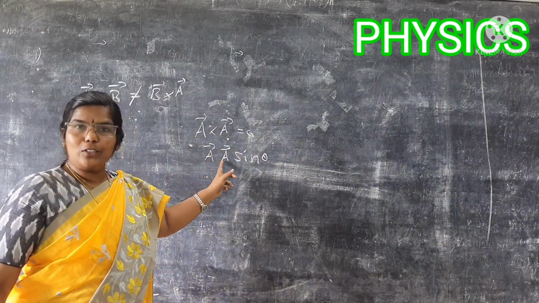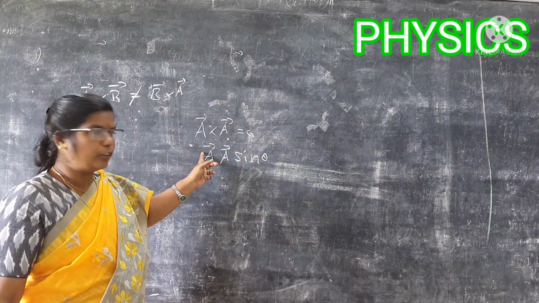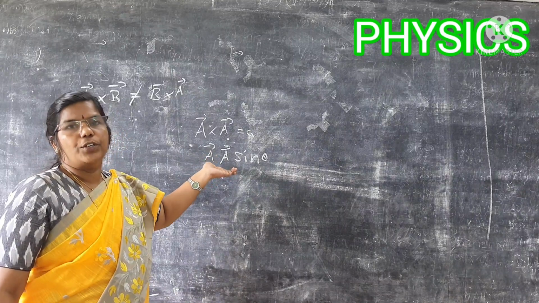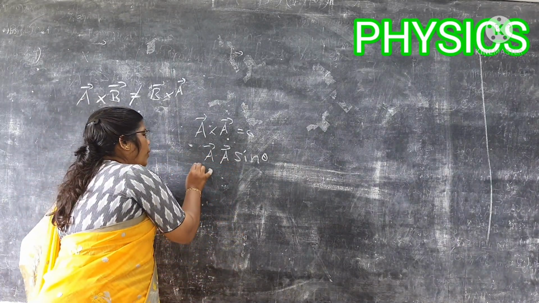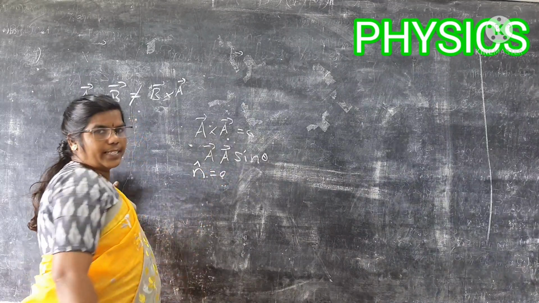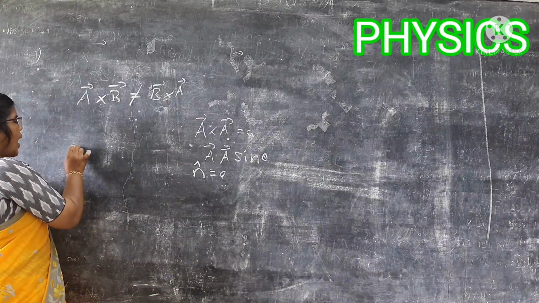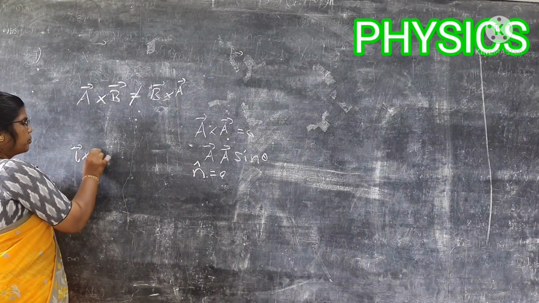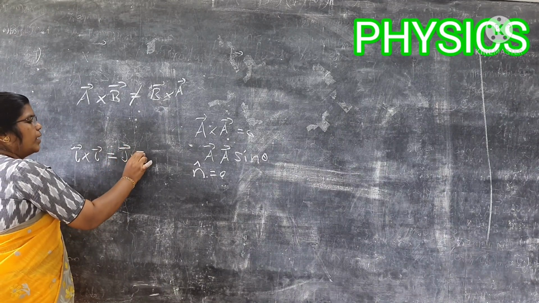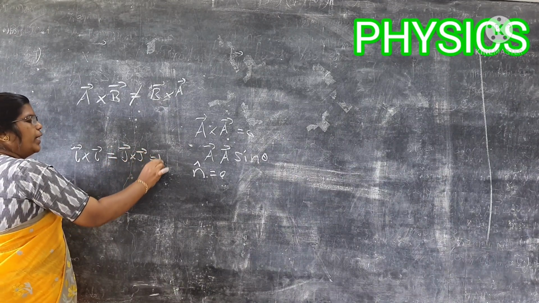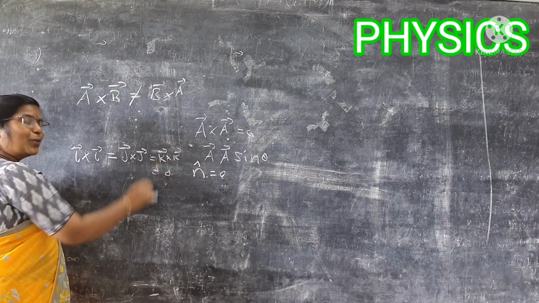Here theta will be equal to 0 as the same vector, and therefore sin 0 is 0 and the self cross product equals 0. Therefore I vector cross I vector equals J vector cross J vector equals K vector cross K vector equals 0.